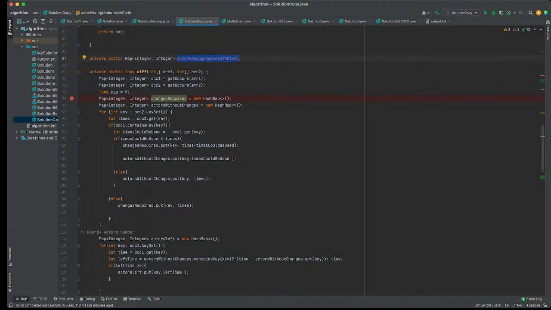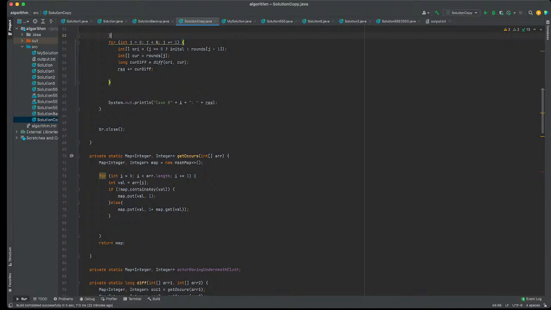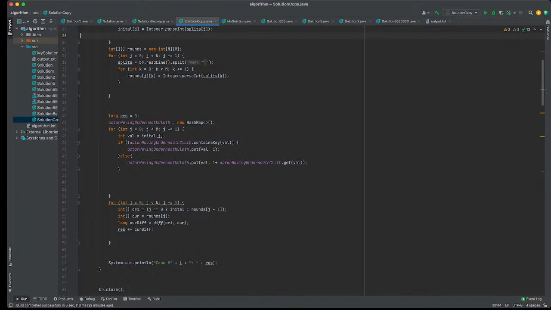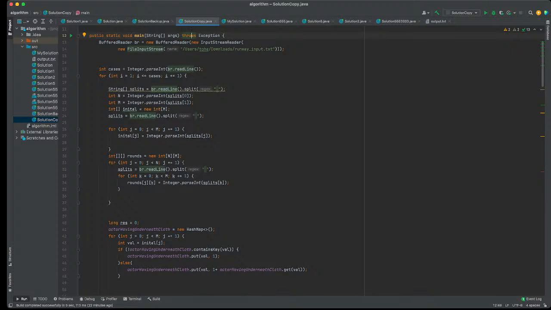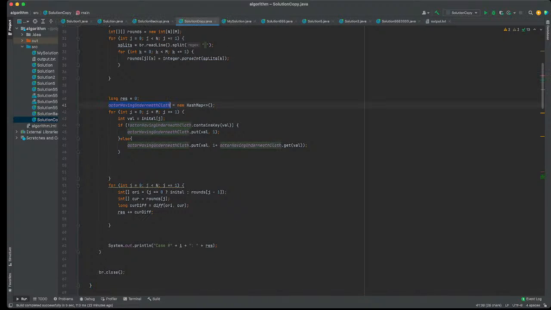Okay, as you can see, there are some inputs that need to be read. Then I read each round of requirement, and I use this map to keep track of which actor still has underneath clothes which can be utilized.